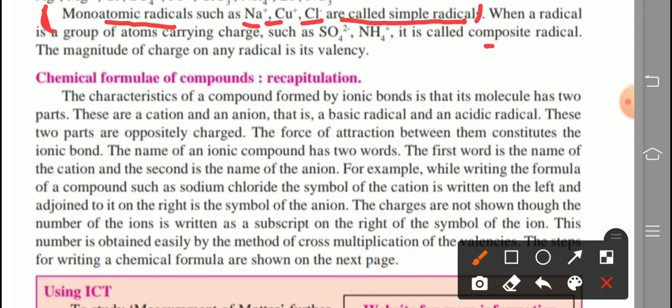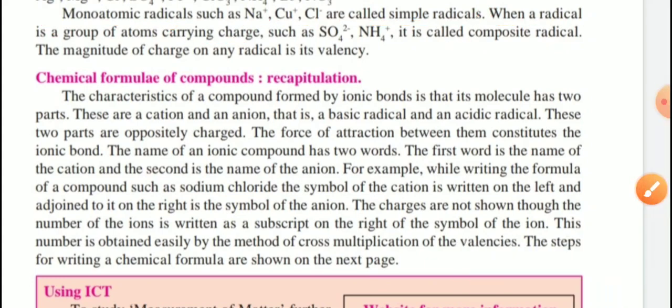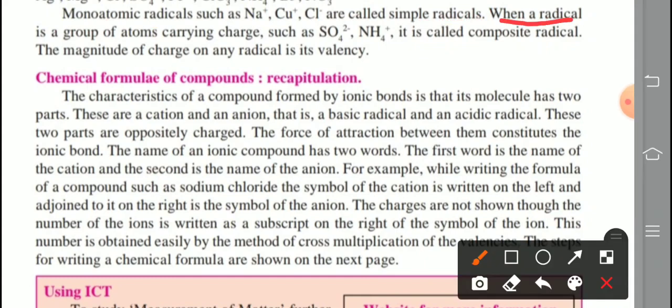Next question is asked here. Define composite radicals. So you mark the answer from here. When a radical is a group of atoms carrying charge, it is called a composite radical. For example, more than one atom is present in the radical.